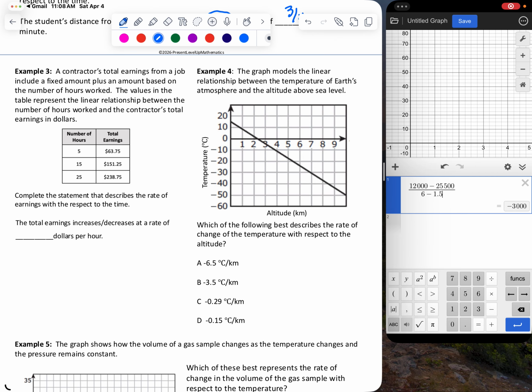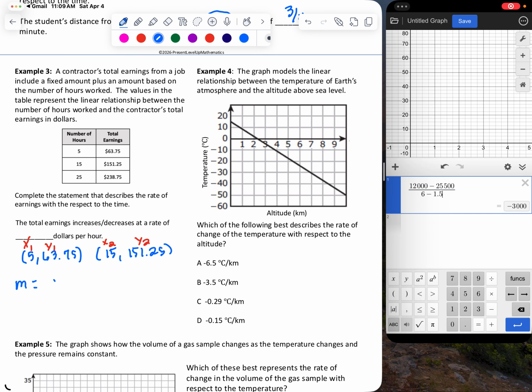All right, welcome back. I picked 2 friendly points, which to me, they were all pretty friendly. So I just used the first two, (5, 63.75) and (15, 151.25). Because I have 2 points, I used my slope formula, and I labeled this x1, y1, and x2, y2.